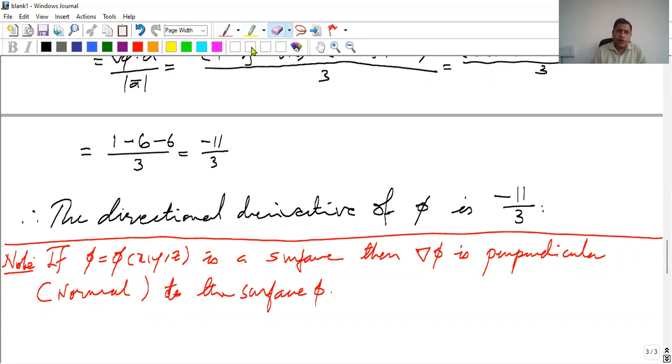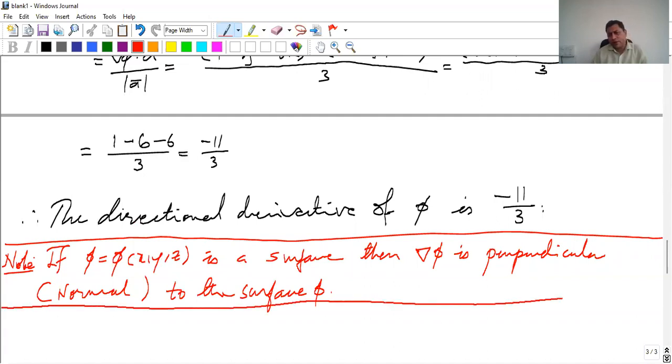Okay, so if phi is a scalar surface, then del phi is perpendicular or normal to the given surface.